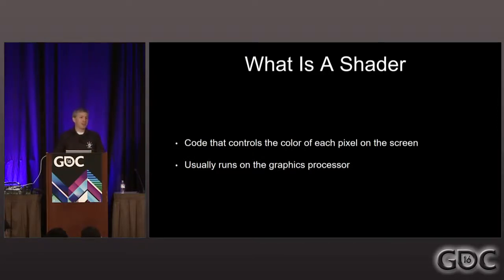Shaders are a cool way to do art with math, and that's another thing that I really like about it. So fundamentally, a shader is code or a node network that under the hood becomes code that defines what color every pixel on the screen is, and it usually runs on the graphics processor.